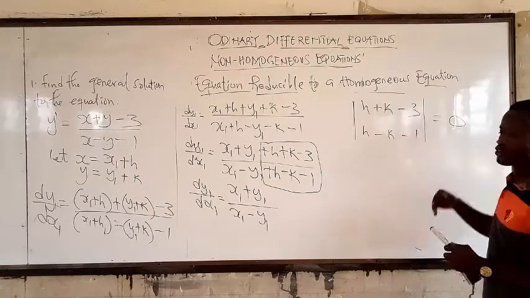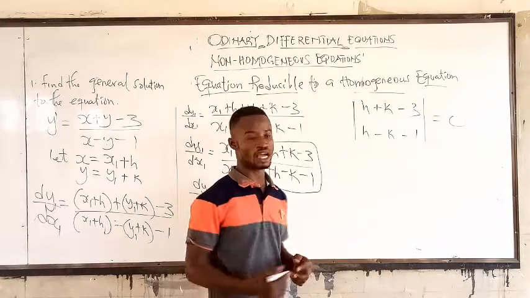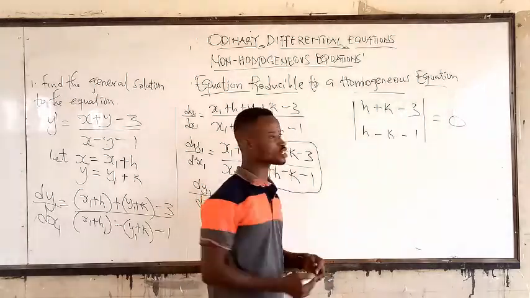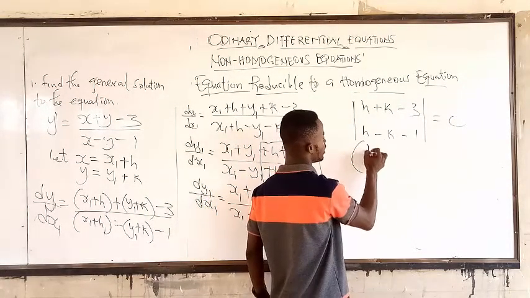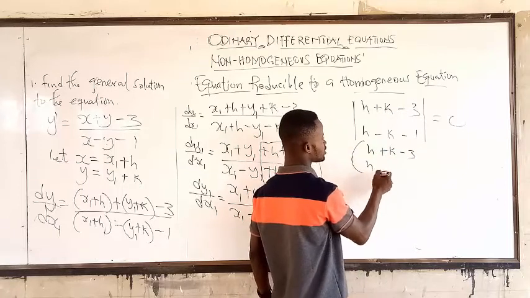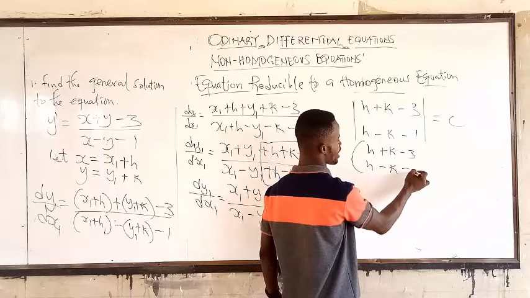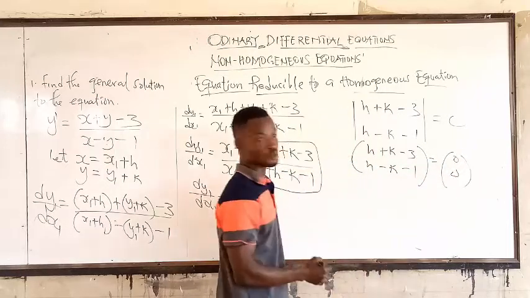If this is equal to 0, then we can solve it simultaneously. Because what we have here is h plus k minus 3, h minus k minus 1 equals 0, 0. Hope you can see that.